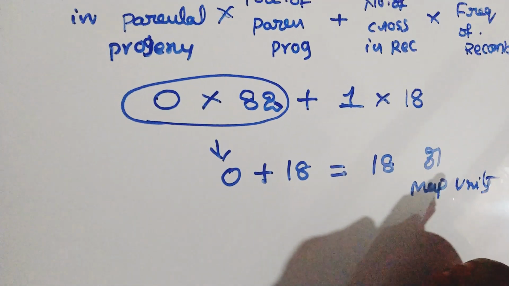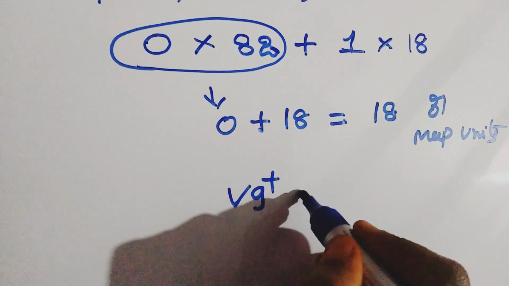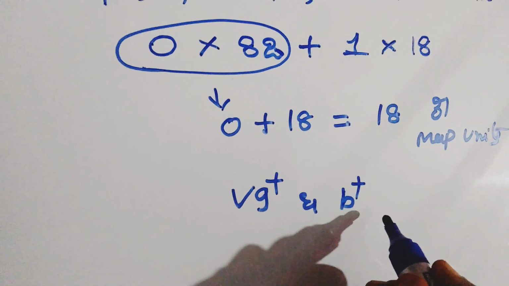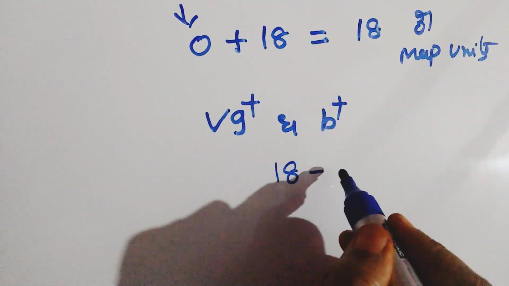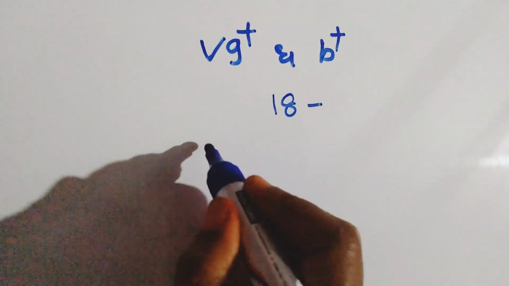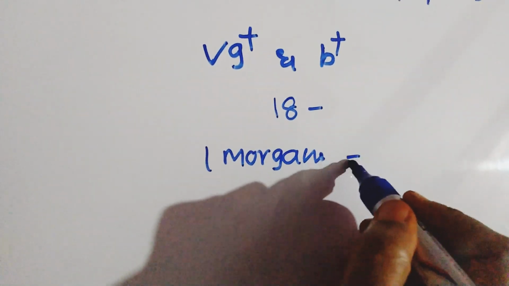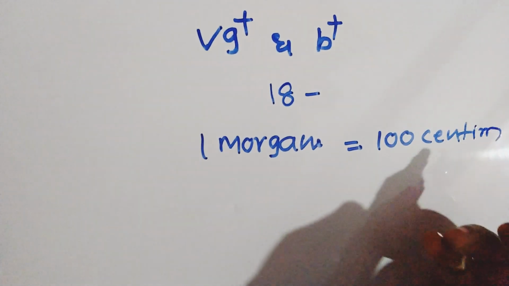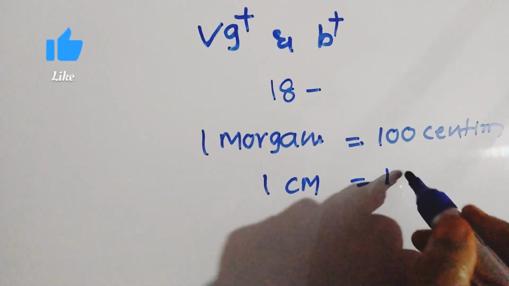So the two genes, vestigial wings and black body color, are separated by a distance of 18 centimorgans or map units. 1 morgan is equal to 100 centimorgans. 1 centimorgan is equal to 1 map unit.